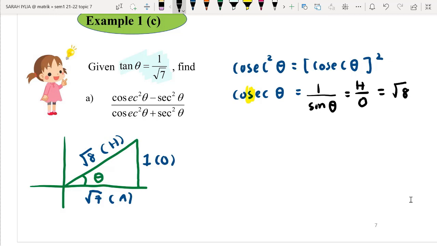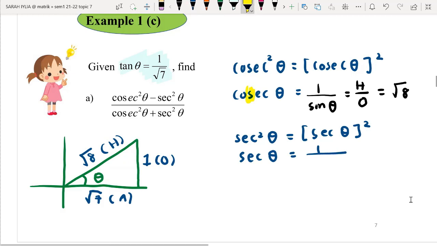Okay. And then next one, sama juga konsep. Secant squared tu yang kita nak kena cari. So secant squared theta is equal to secant theta, the whole thing that we squared. So in order to find secant theta, it's basically 1/, huruf ketiga, ingat jangan careless kat sini. So it's cos theta.